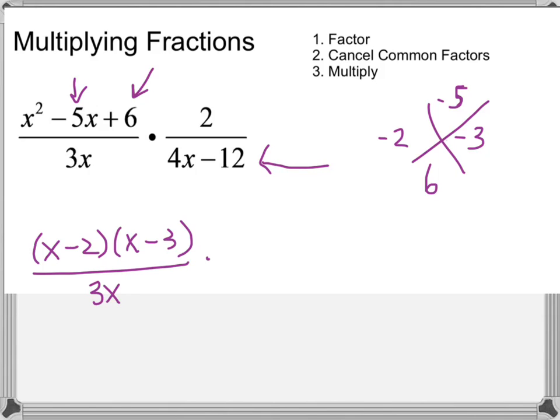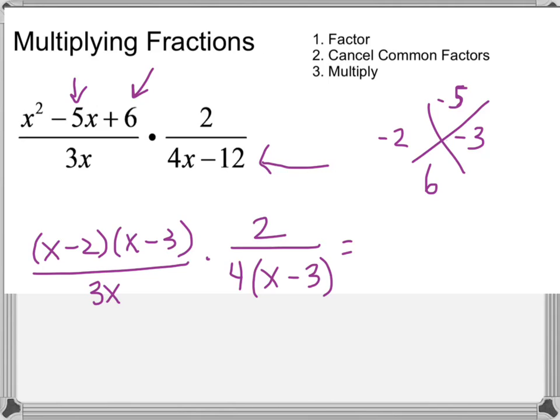Okay, times, now 2 can't factor anymore, so I have 2 over, and then the denominator here is a binomial, and it's not the difference of squares, so you have to pull out the greatest common factor, which is 4, and the remaining terms are x minus 3.